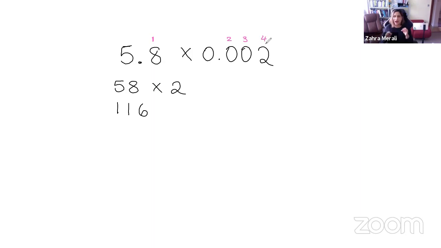So in my answer, I have to have 4 numbers behind the decimal place. So this is going to become 0.0116, because I now have got 4, and the only places I can add 0 is in front.